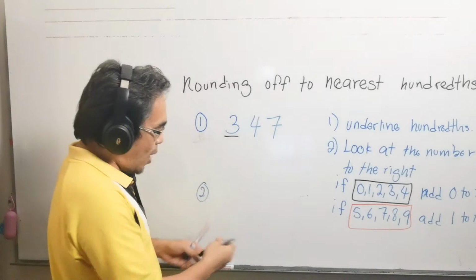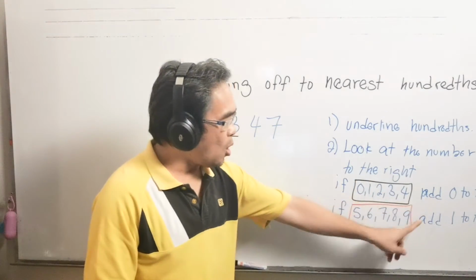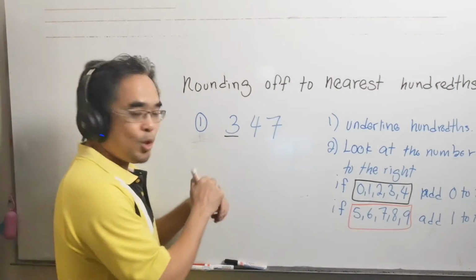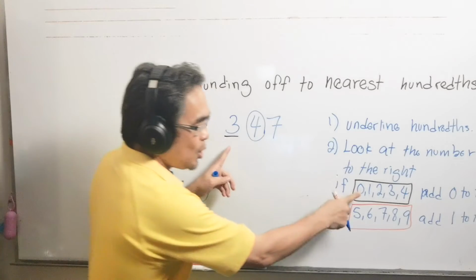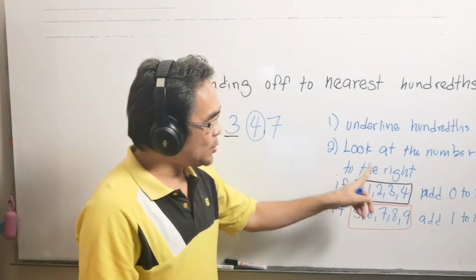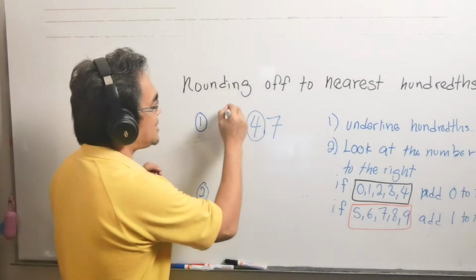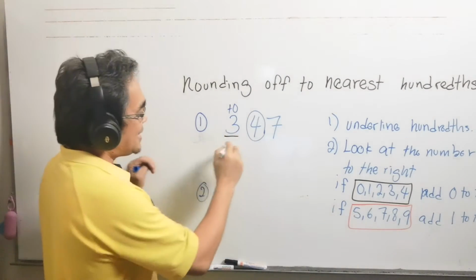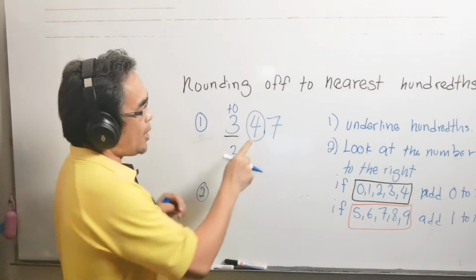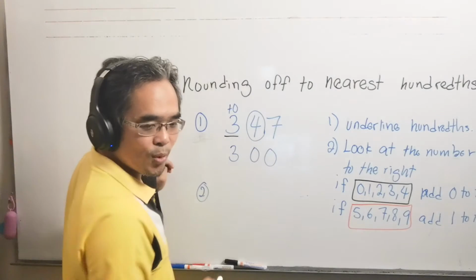Do I add 0 or add 1? So you look at the number here. If 0, 1, 2, 3 or 4, add 0. So plus 0. So 0 plus 3 is still 3. So what do we do with the two numbers? Become 0.